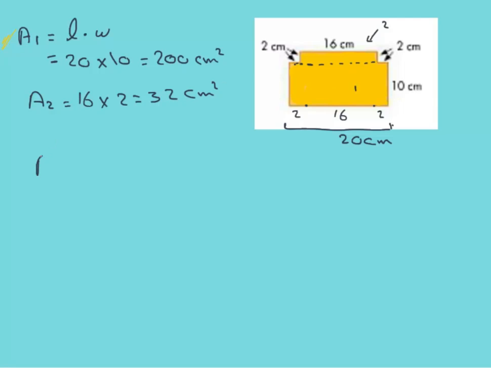Now you can add all of this to find the total area of all of this figure. It's 200 plus 32. The answer is 232 centimeter square. Every time after you finish finding the area of the parts, you can add them to find the total area.